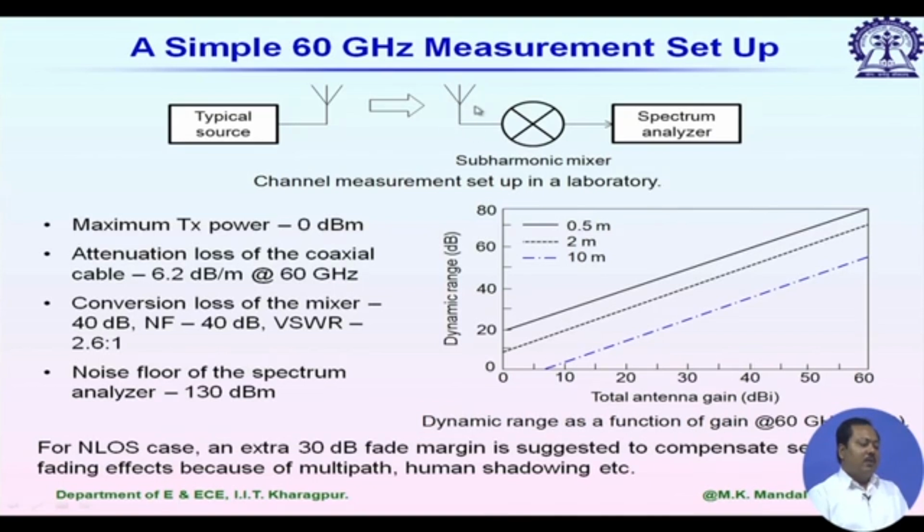So, the only control we have is on the transmitting antenna gain, or maybe we can increase the transmit power. We will see for different total antenna gain what is the minimum power we can sense by using this spectrum analyzer at different distances, and what limits the maximum power.